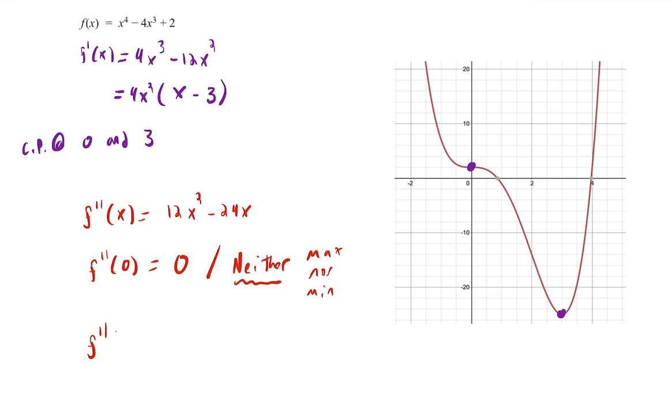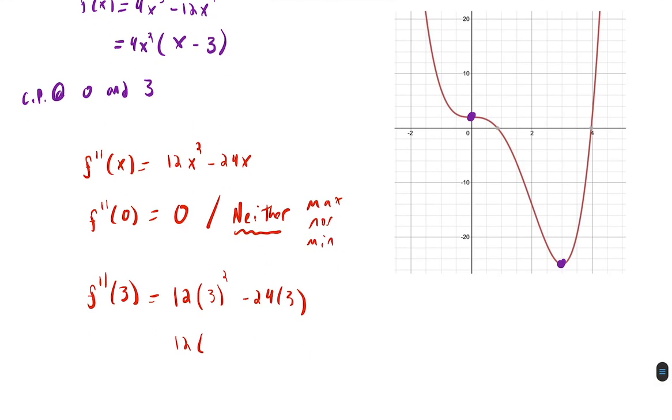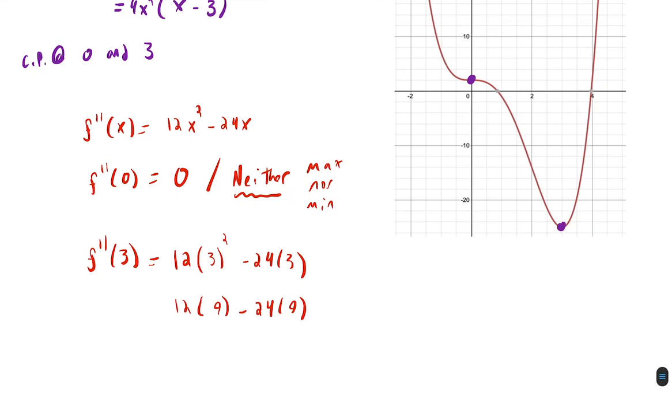But if I plug in 3, I'll have to actually think about this one for a second. This is 12 times 3 squared minus 24 times 3. So that's 12 times 9 minus 24 times 3. What we're going to have here is a second derivative. Could make sure of this, but we're going to have, what, 108 minus, who cares? It's something bigger than 108. So it's like 180, 216 or something like that. Either way, you're going to have f double prime, the second derivative of 3, is less than 0.